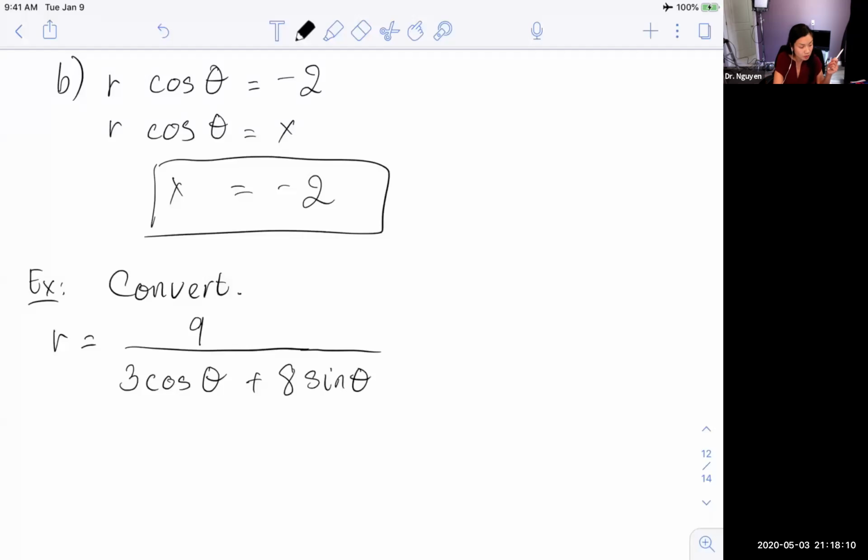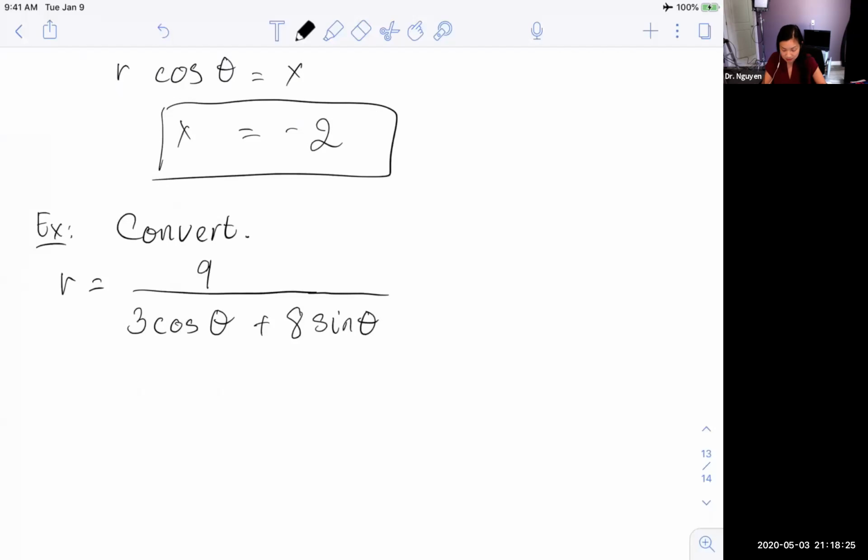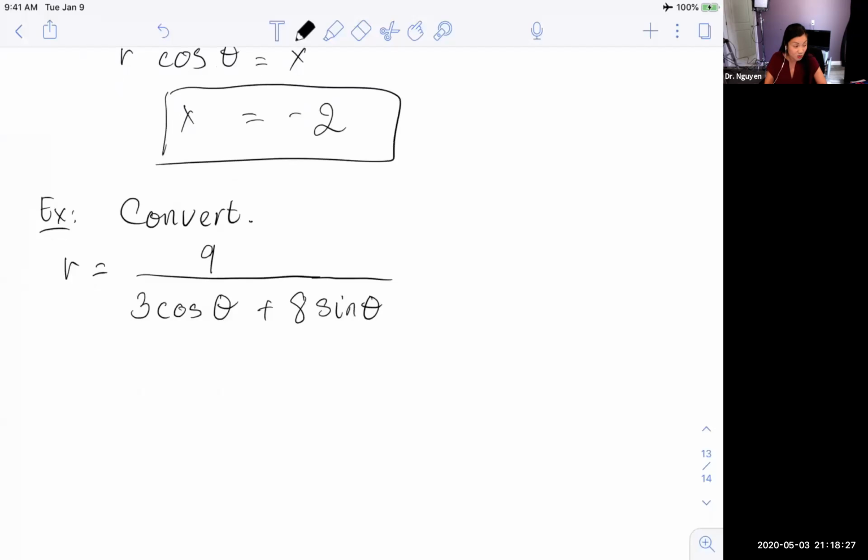Okay, I want to convert this into rectangular form. Now, don't forget that x equals r cosine of theta, y equals r sine of theta. Every time I see a fraction, I just want to get rid of it.